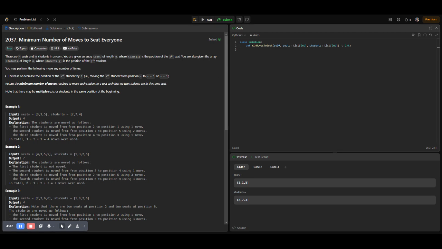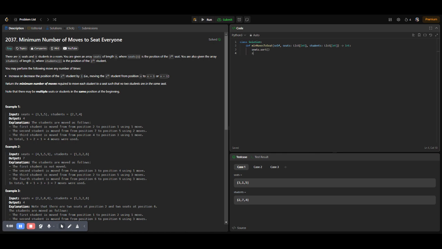Cool. So I'm going to solve this problem by sorting the seats array and the students array. This will be an easier method to solve this problem. First, let's sort the seats.